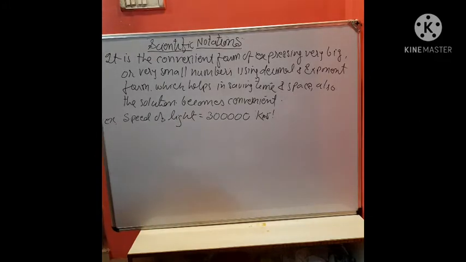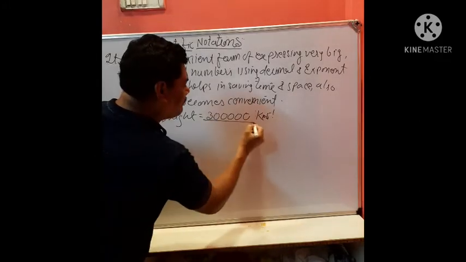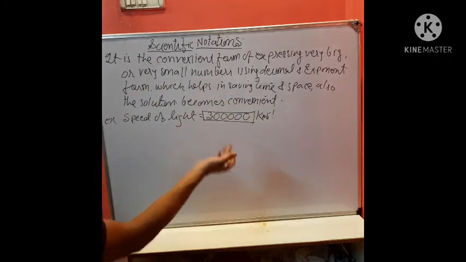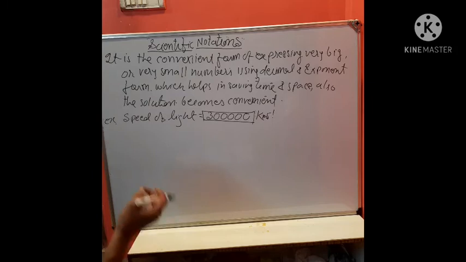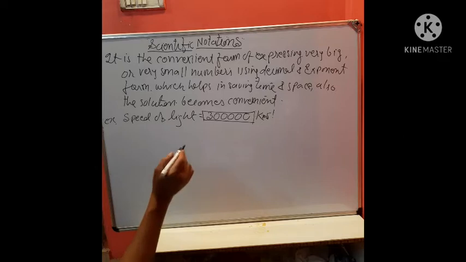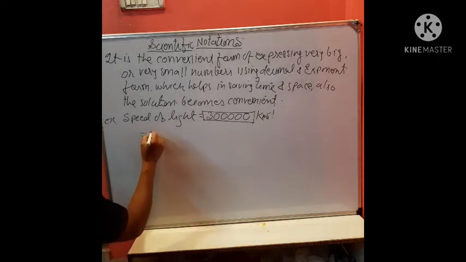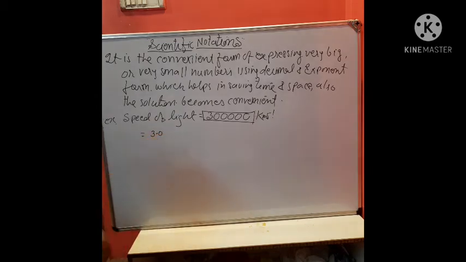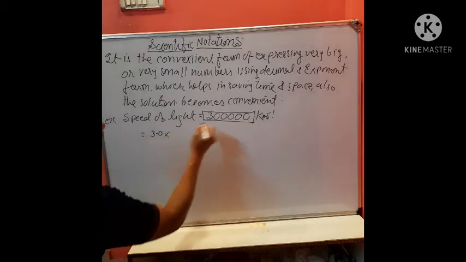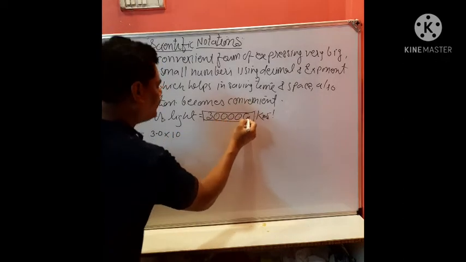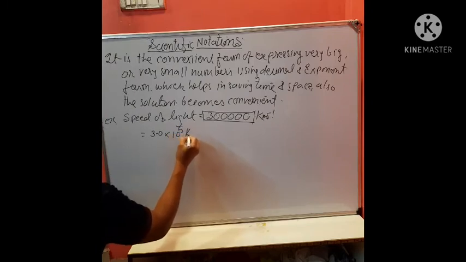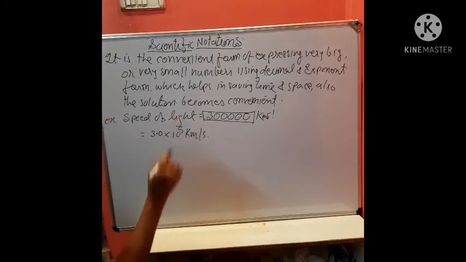Now, how to express this number? Writing these numbers in this form takes time, and it also occupies more space, and if the number is big, then there are chances of mistake. So besides expressing it in this form, we can express it in the form of 3.0 into 10 to the power 5 kilometer per second.